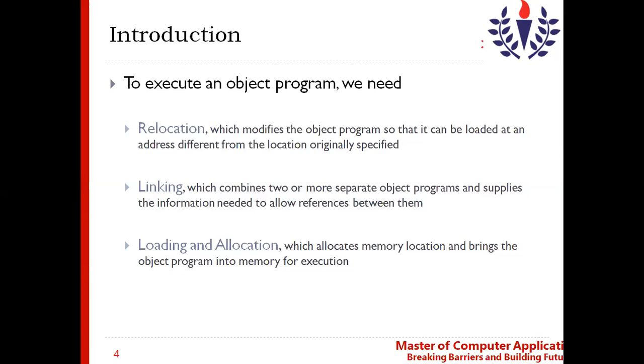Program relocation is basically when there is a change in the starting address of the program, or a modification of the object program's address; we use the term relocation. If the location of the program is modified, which is different from what was already assumed, then we bring in the concept of relocation.